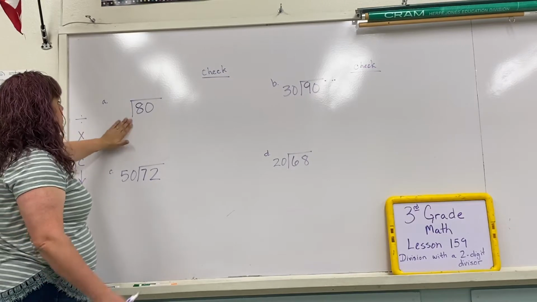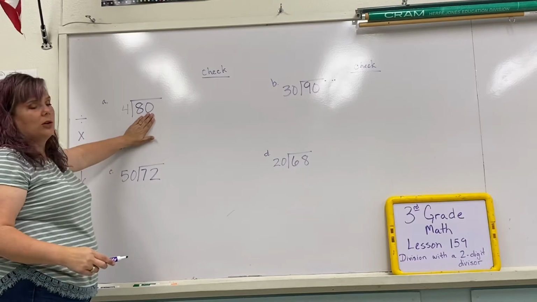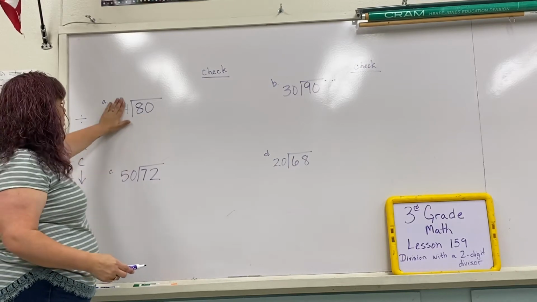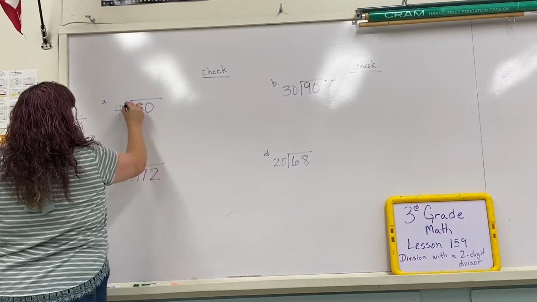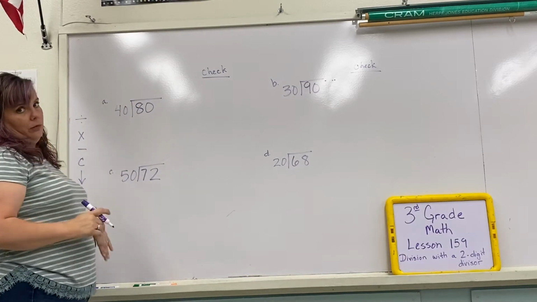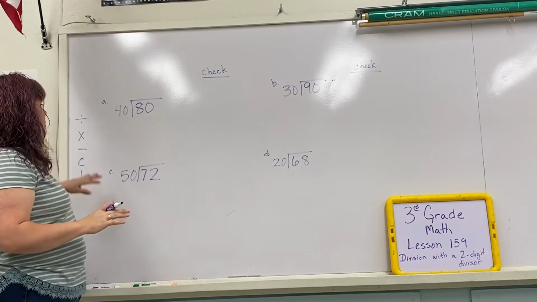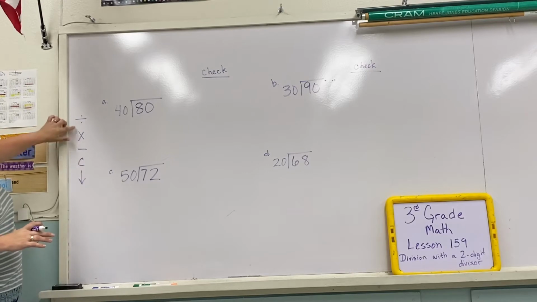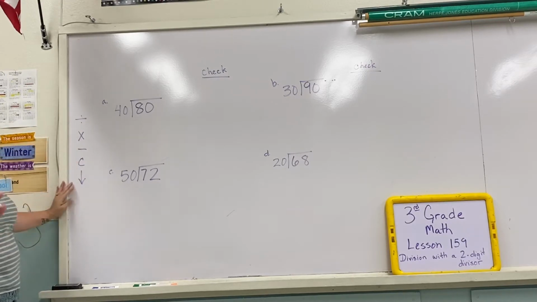You've done this one before where it's just 4 goes into 80, 80 divided by 4. Now we're gonna do 40 goes into 80. So when we look at it, we're going to start remembering our division rules: divide, multiply, subtract, compare, bring down. Those are our division steps, right?